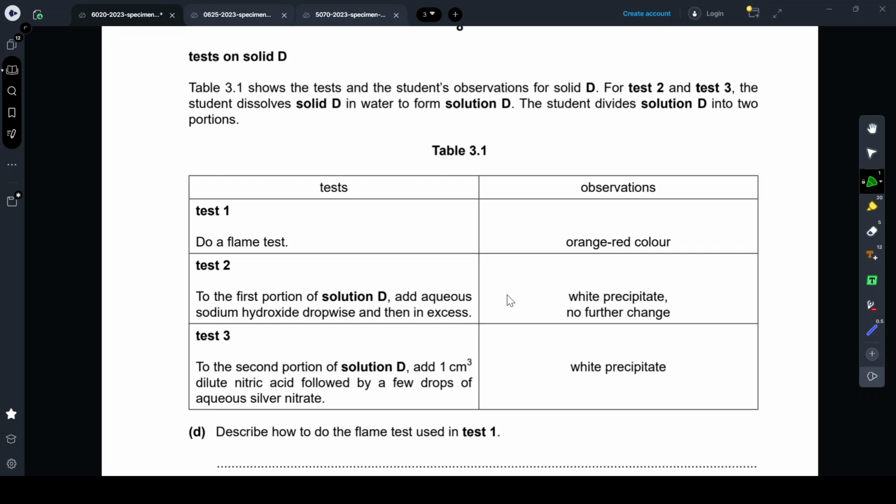The student does a flame test and gets an orange-red color. Then adding aqueous sodium hydroxide dropwise and in excess gives a white precipitate with no change. And then adding nitric acid followed by silver nitrate.